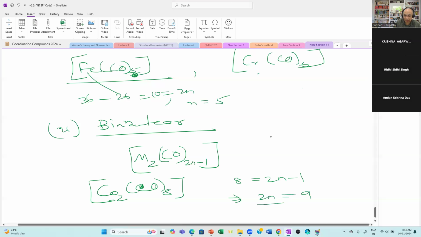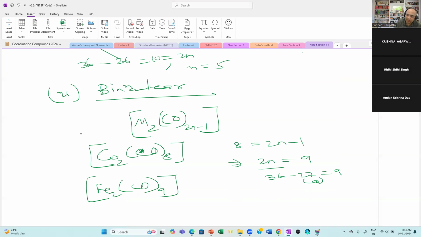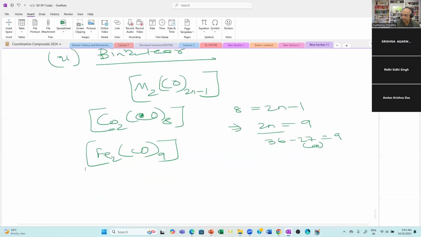So 9 is nothing but 36 minus 27 for cobalt. Similarly, iron will have 9, cannot have 8. Nonacarbonyl, diiron. Now you have to see if there is a bridging ligand, the name will be different with mu carbonyl. So this you can justify.